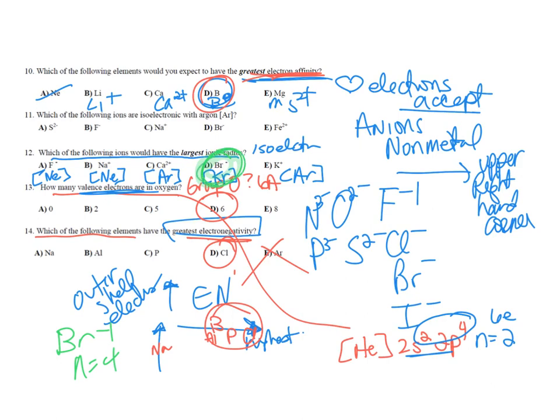So that would be bromide. Remember, anions are going to be bigger because of the effective nuclear charge, and they have fewer protons for how many electrons they have.